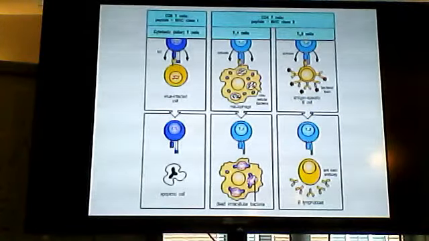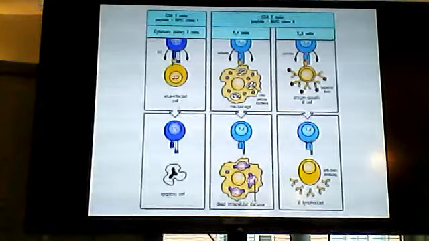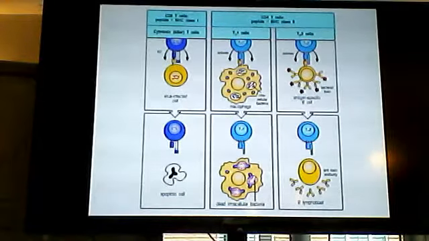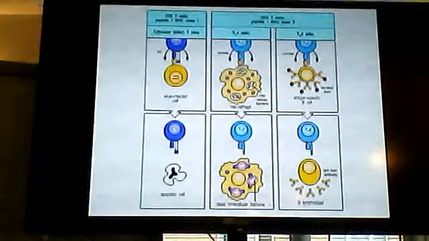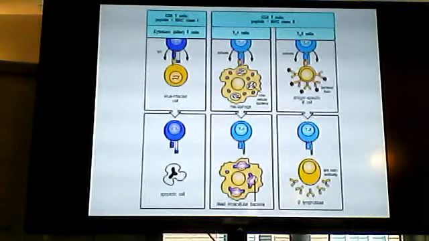Versus CD4 MHC class 2 cells are your T helper 1 cells or your T helper 2 cells. With T helper cells, the idea is they can bind to, let's say, a macrophage, or they can bind to a B cell, and then from there they can induce some form of cell death. So they could kill bacteria or other things like that.